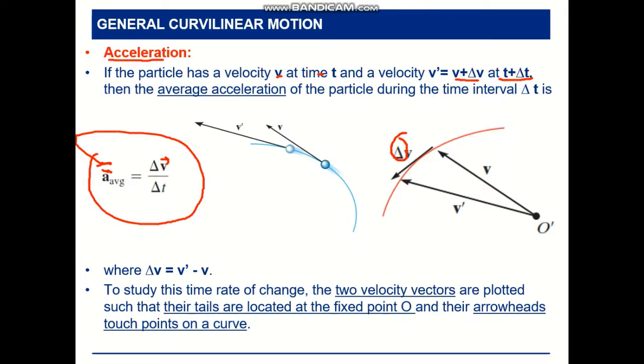To study this time rate of change, the two velocity vectors are plotted such that their tails are located at the fixed point O and their arrowheads touch points on a curve, like position.